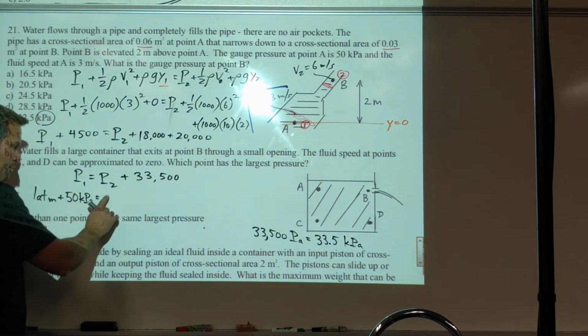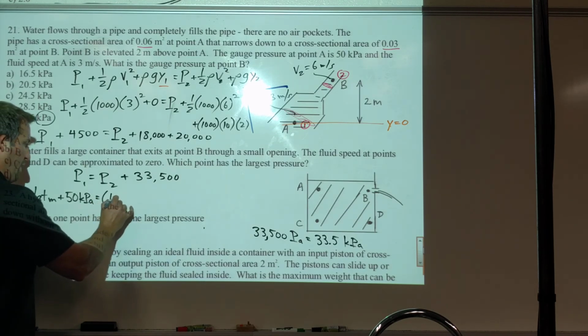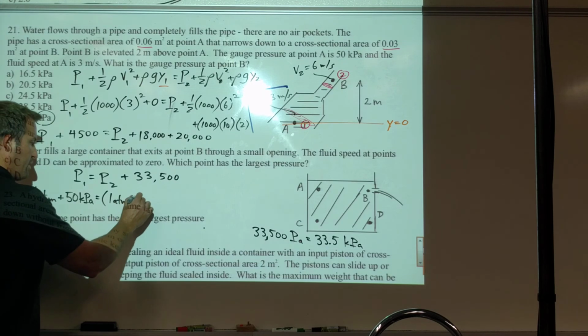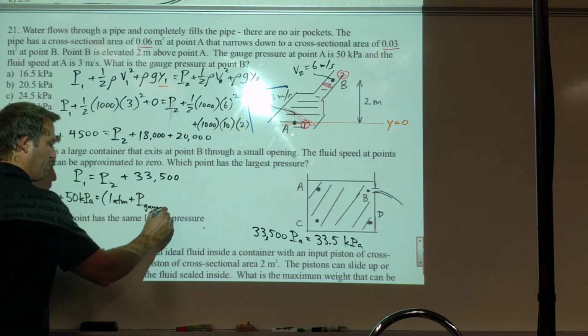Similarly, for pressure 2, I could write this as 1 atmosphere plus the gauge pressure at point 2.